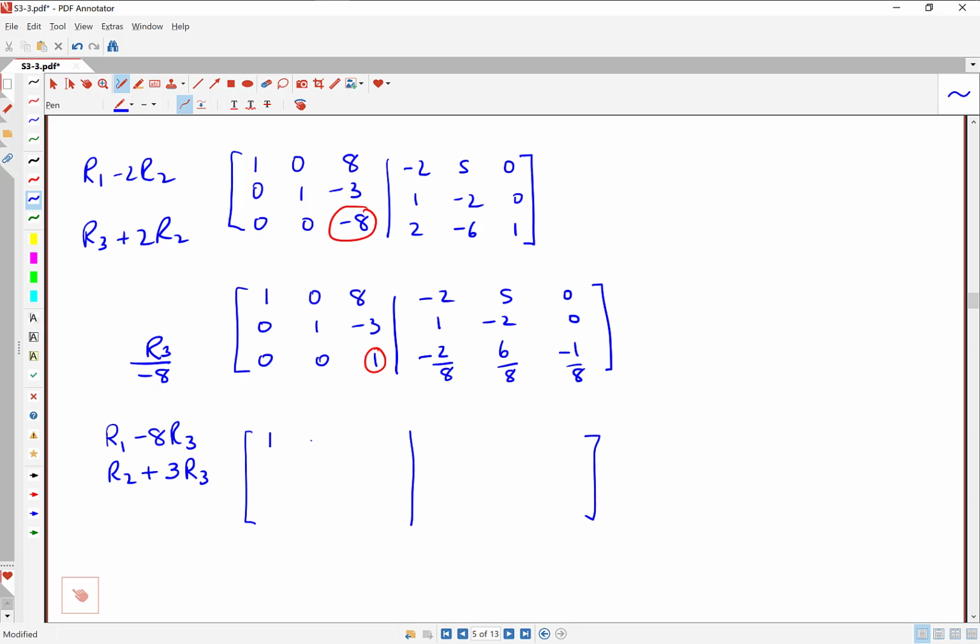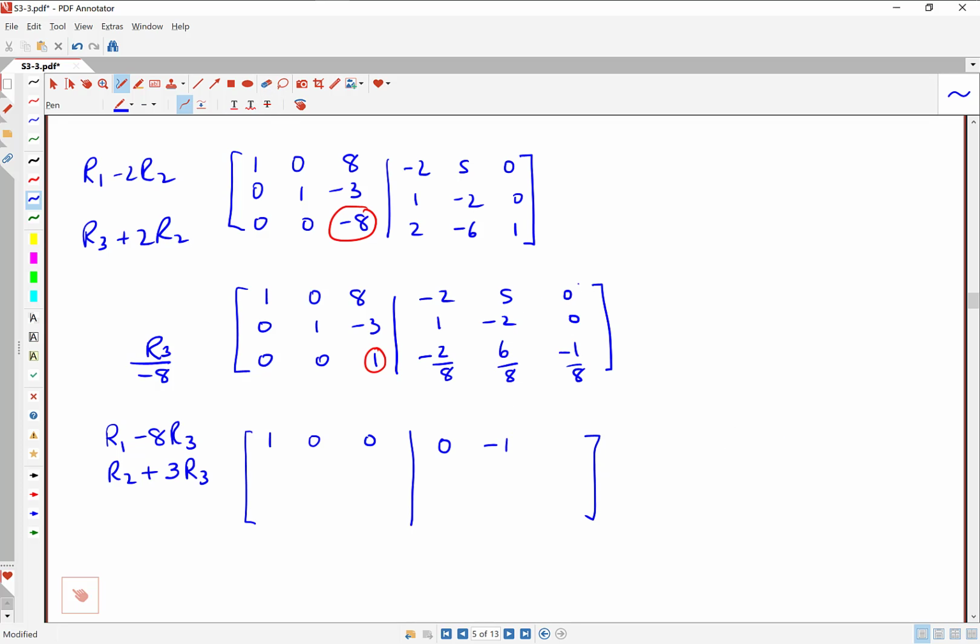That's going to look like 1, 0, 0, and then things get more interesting over here. So we're going to have negative 2 minus 8 times negative 2 over 8. Okay, so that's like negative 2 plus 2, that's going to be 0. Our next number is going to be 5 minus 8 times 6 over 8. So 5 minus 6 is negative 1.